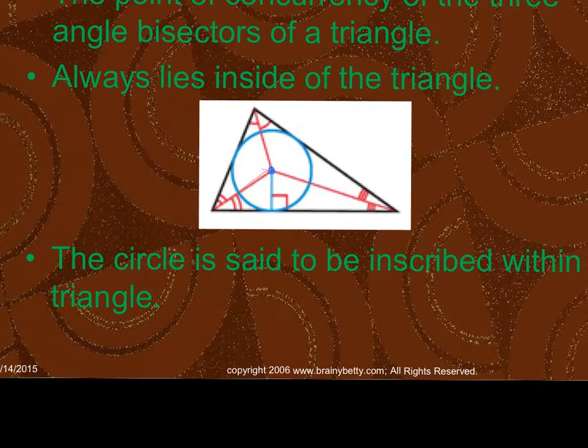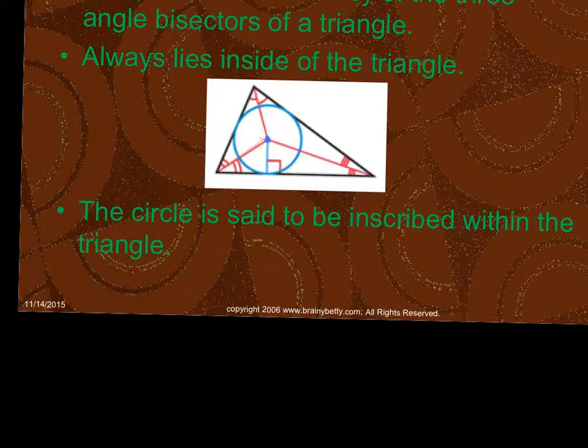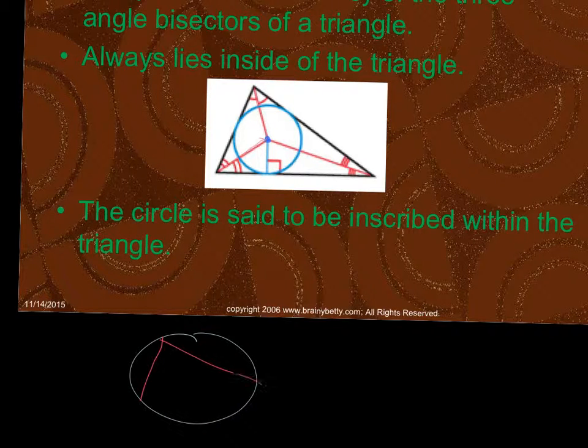This circle is said to be inscribed within the triangle. You can reverse it, like if I had a triangle inside a circle, I would now say that the triangle is inscribed within the circle. So whichever one's on the inside is called inscribed.